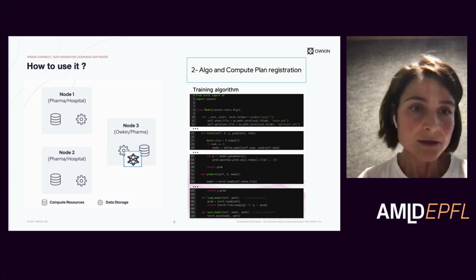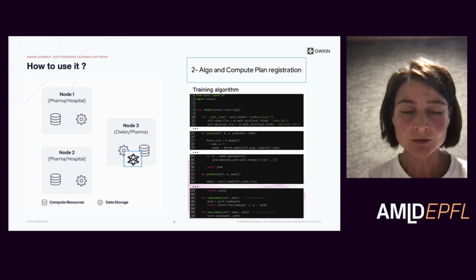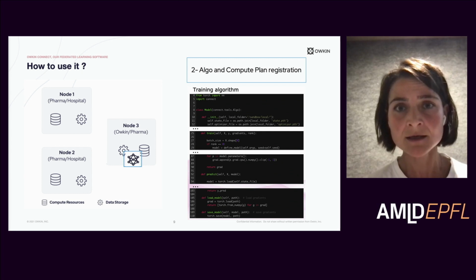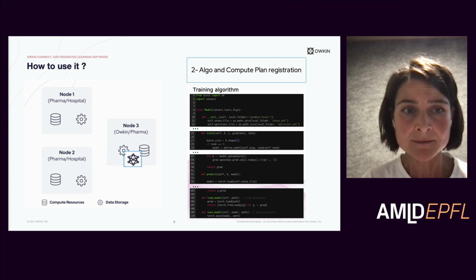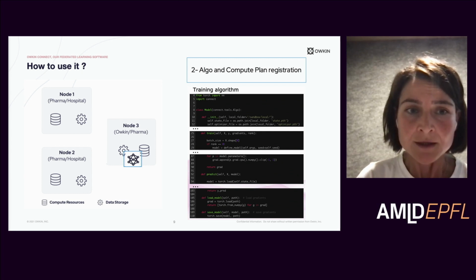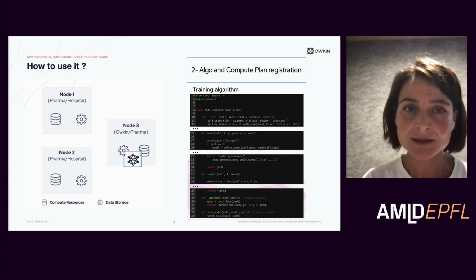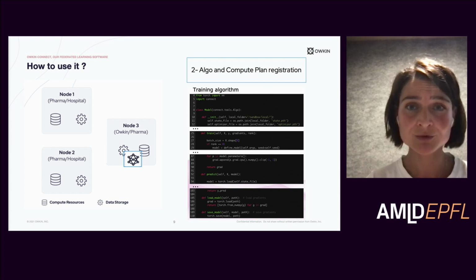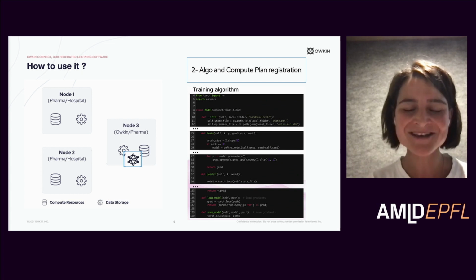And in Connect, it's very flexible for the training algorithm. What you need to specify is limited to the specific input and output of the algorithm. Basically, you have in input some data, X and Y, and the output is a model or gradients or model updates.